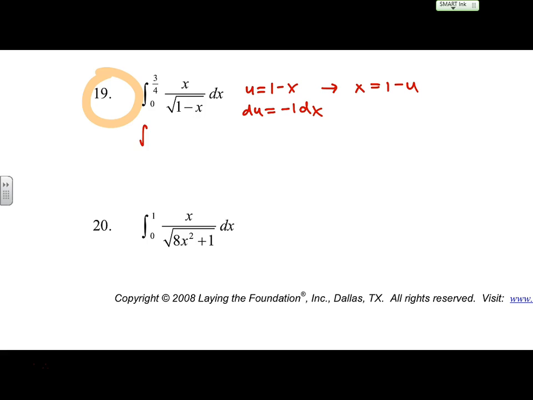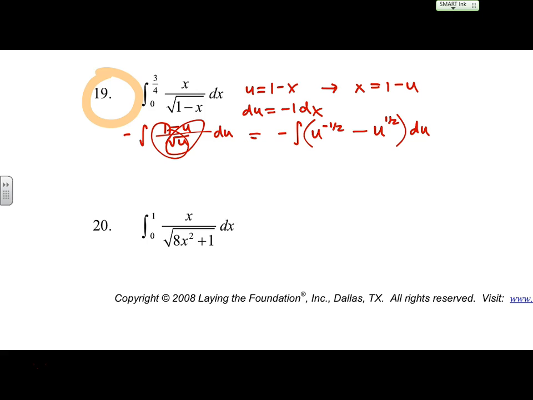So we can go ahead and plug in 1 minus u on top, square root of u on the bottom. du with a negative. What can I do? Hard method, split it up. 1 over square root of u is u to the negative 1/2. u over square root of u is u to the 1 minus 1/2, or u to the positive 1/2.